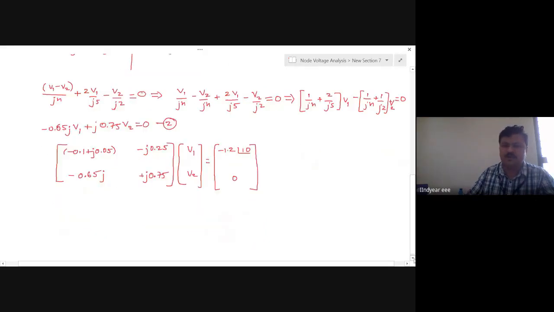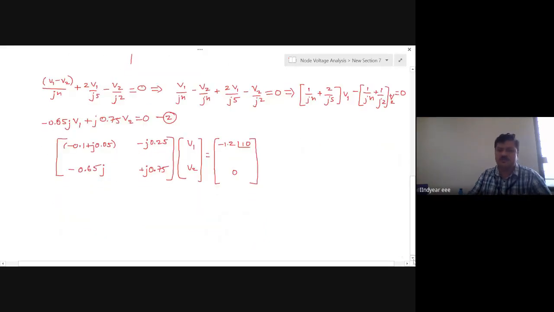If one RHS entry is 0, it is a happier moment because one multiplication will become 0.